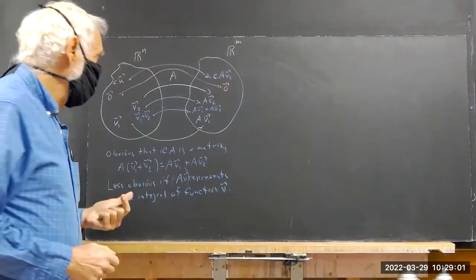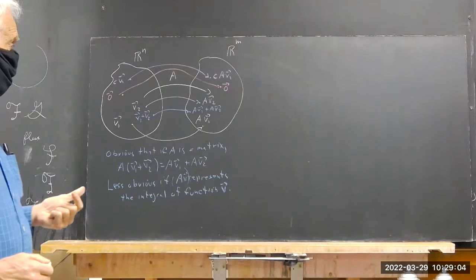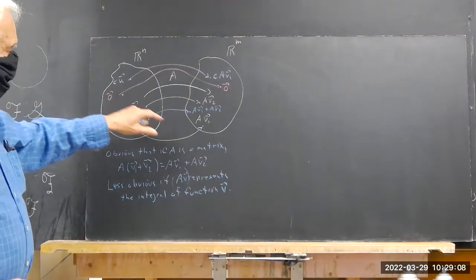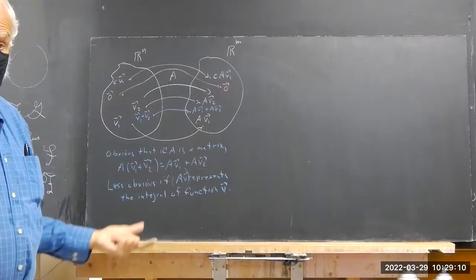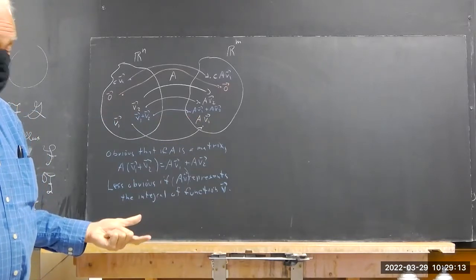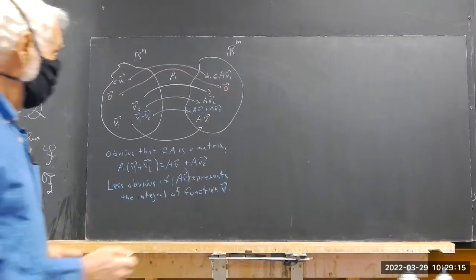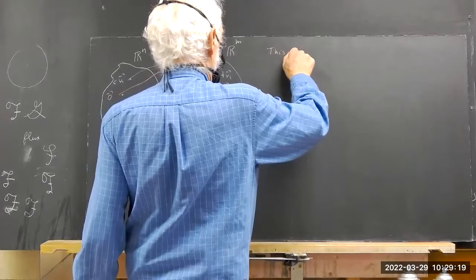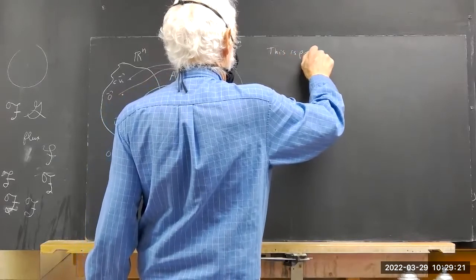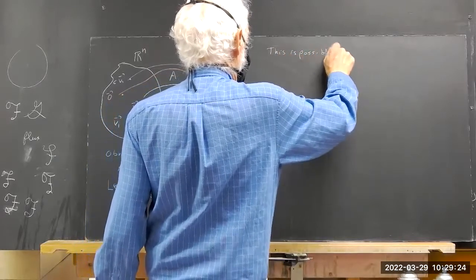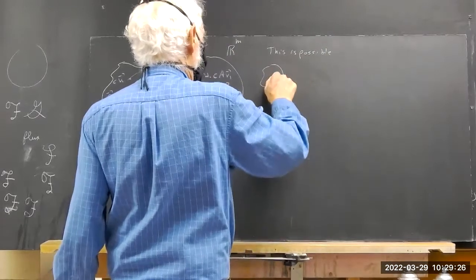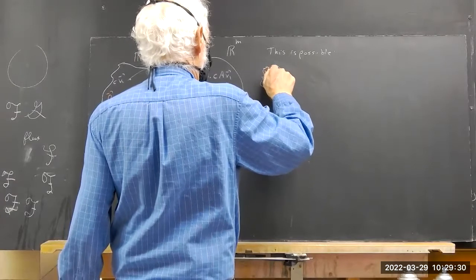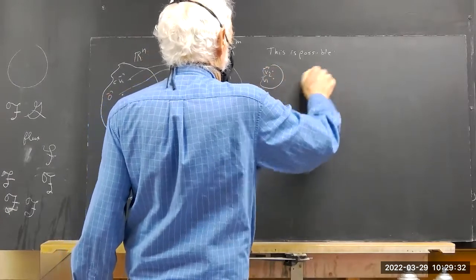Now, it's possible that V1 and V2 could map to the same vector. Without labeling these things, I've got V1 here and V2 here.